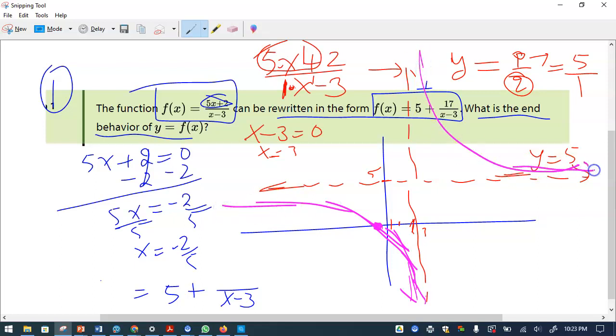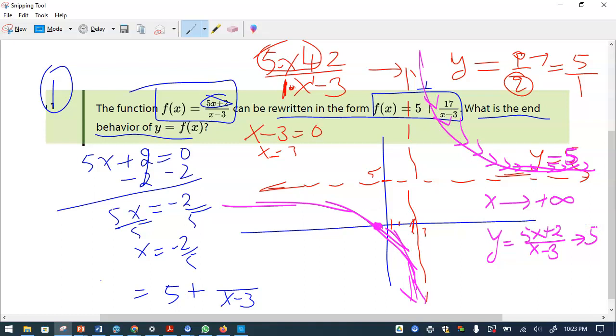What it means is when x approaches a very large positive value, the output is almost the same as y equals 5. The graph's value becomes almost 5. So we say the y value, which is 5x plus 2 over x minus 3, will approach 5.